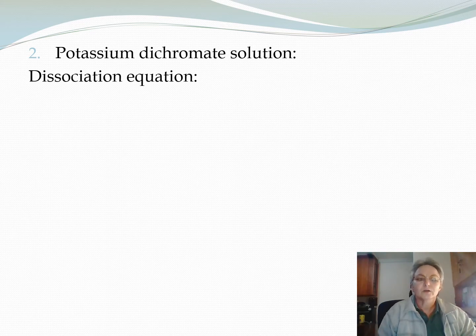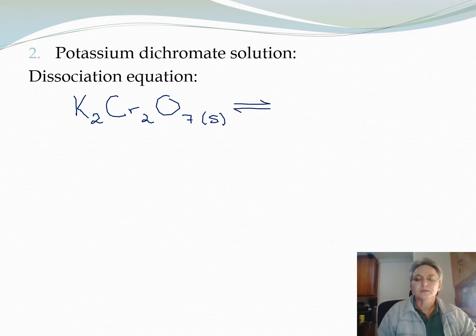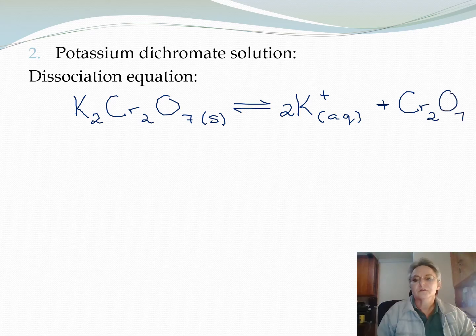So the dissociation equation for this reaction, now potassium dichromate, K2Cr2O7, is a beautiful orange color, and the salt will be in equilibrium with potassium ions, and there would be 2 potassium ions for each one potassium dichromate, and Cr2O7 2 negative, also aqueous solution, and once again the forward reaction is an endothermic reaction.